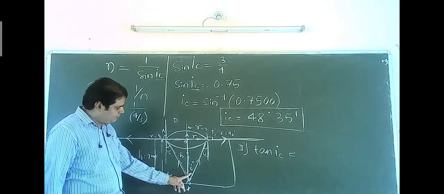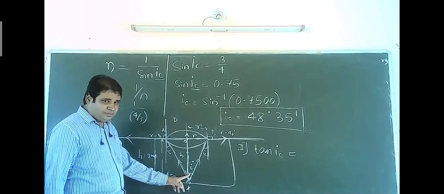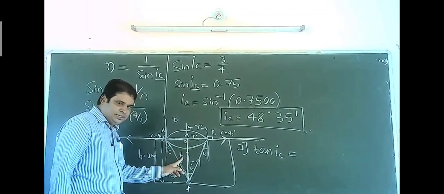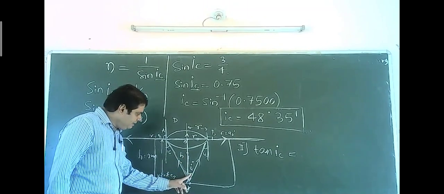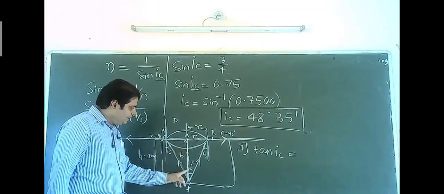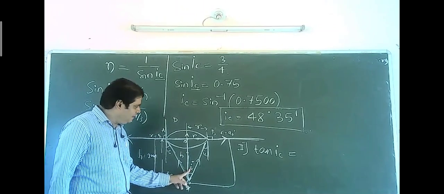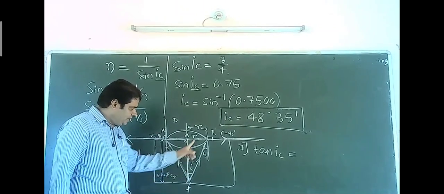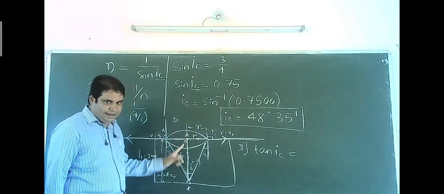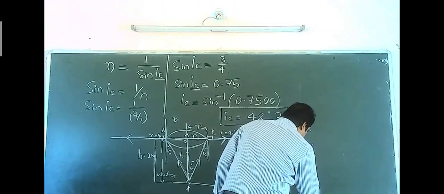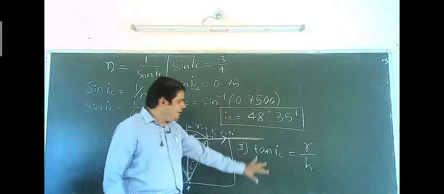Tan theta will be R by H, opposite by H. Hope you understand. In place of theta, we have IC, so tan IC will be R by H. You know it.